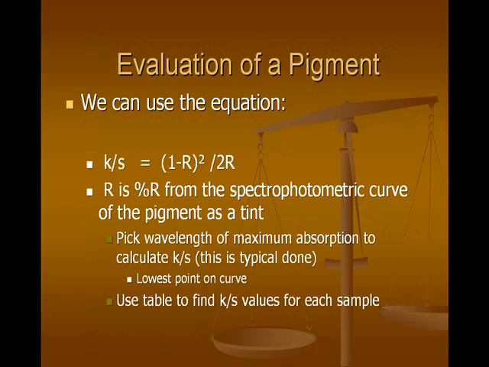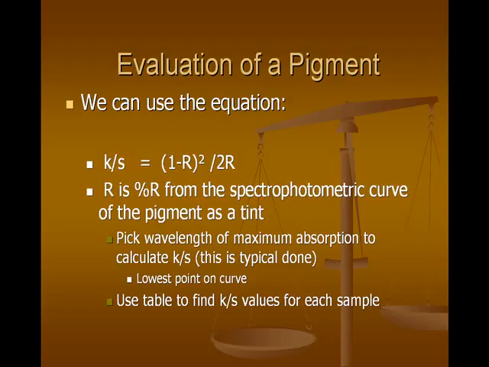We use the equation K over S equals (1 minus R) squared, divided by 2 times R. Again, R is the percent reflection from the photometric curve of the pigment as a tint, and usually we use tints because mass tones, which are just the colorant, are not good for strength evaluations. We pick the wavelength of maximum absorption to calculate this K and S value. This is typically how it's done.